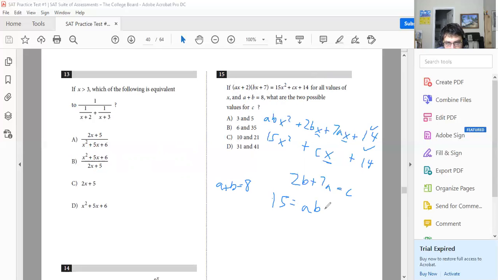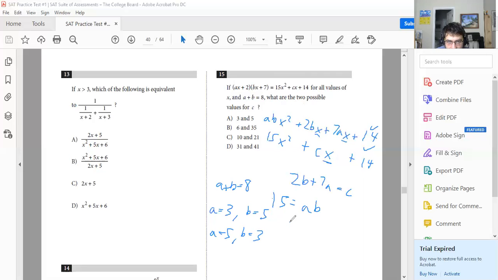So a plus b equals 8. A times b equals 15. So we have a equals 3, b equals 5. But we could also have a equals 5, b equals 3 as another answer.